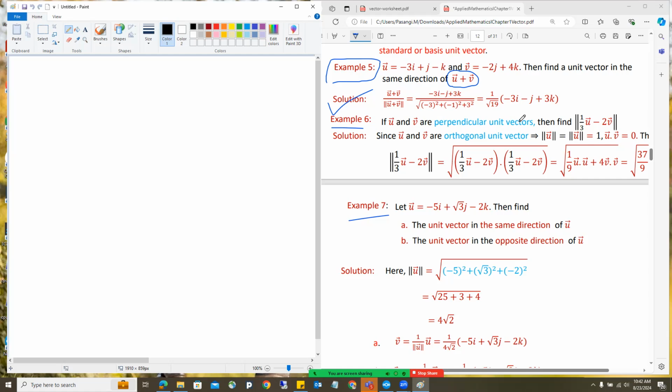Perpendicular means, what would be the degree? 90. Yes. Then they have asked us to find out the magnitude of this vector.